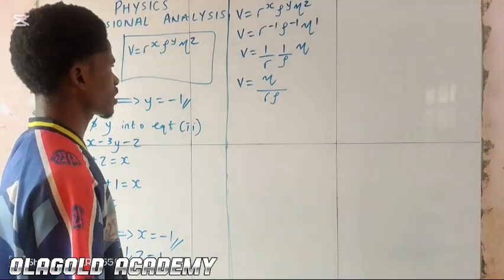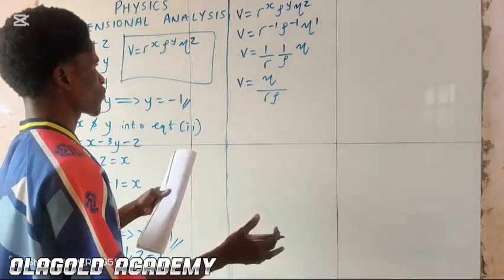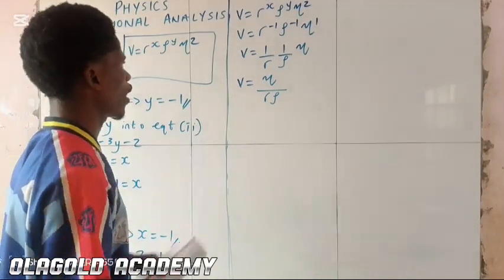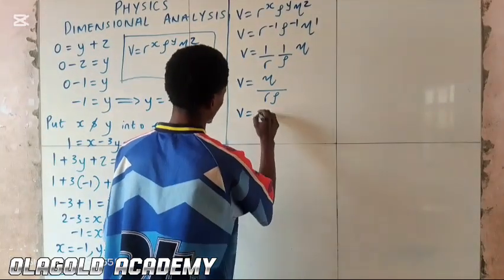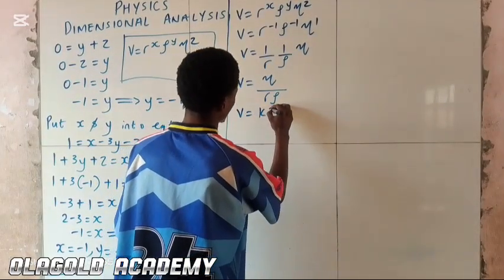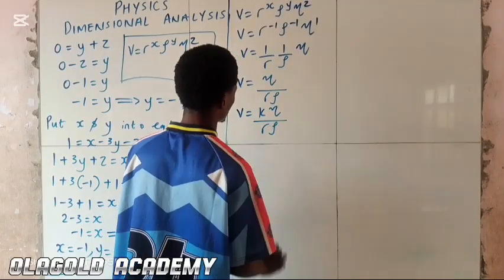So our next task now is to bring in our k. So we're going to have v equal to k eta over r multiplied by rho.